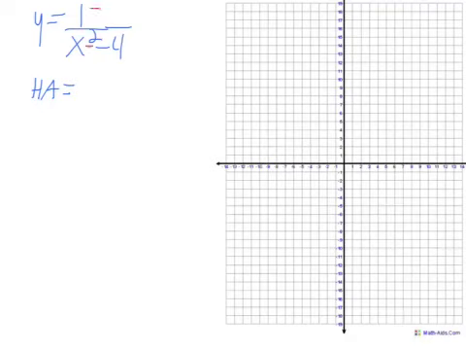As you can see, the numerator is raised to the degree of 1, and the denominator is raised to the second degree. Given this scenario, we learned previously that the horizontal asymptote is 0.